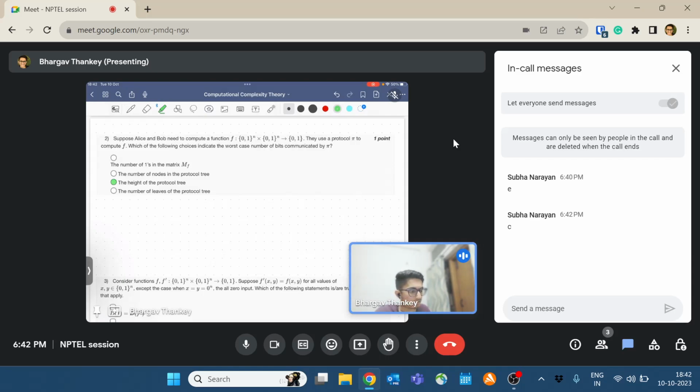The reason is that the height of a tree is equal to the length of the longest root to leaf path in the protocol tree.